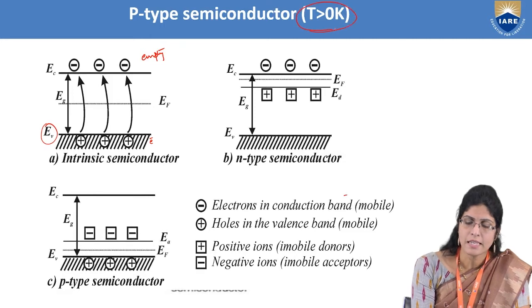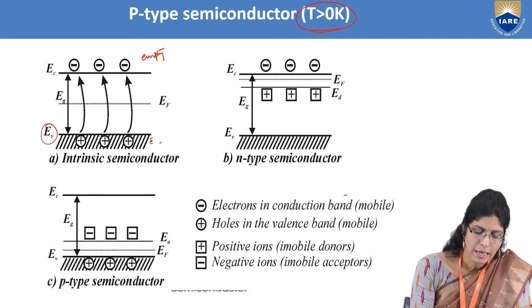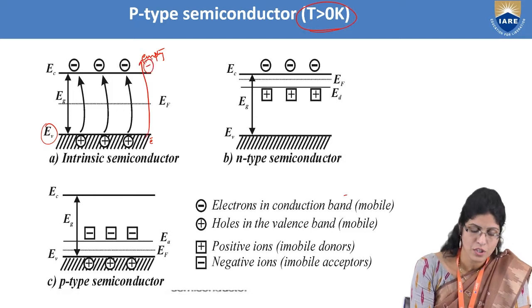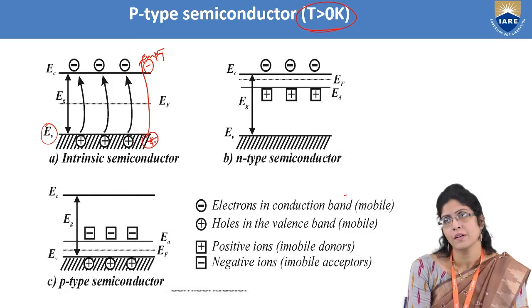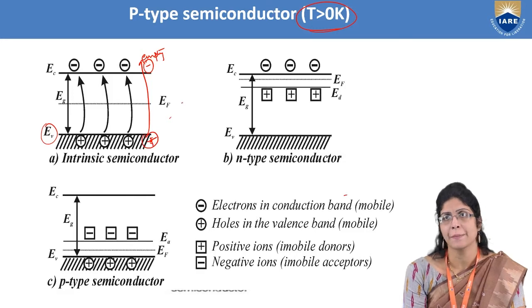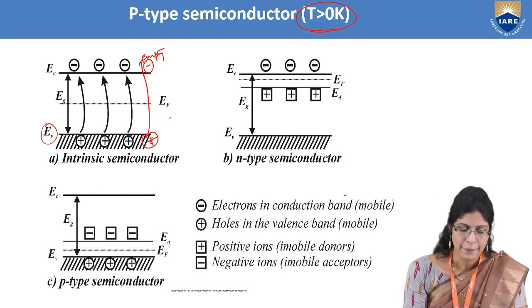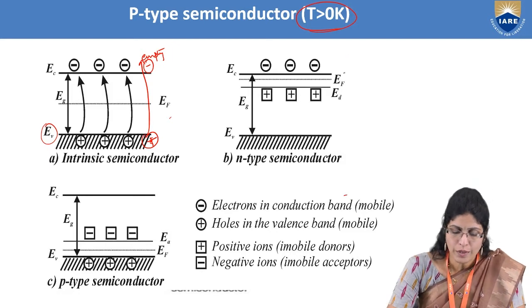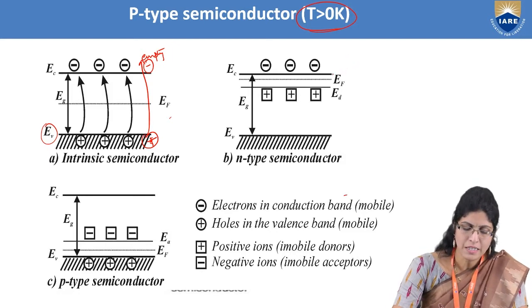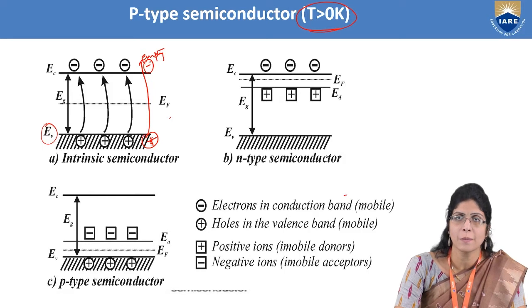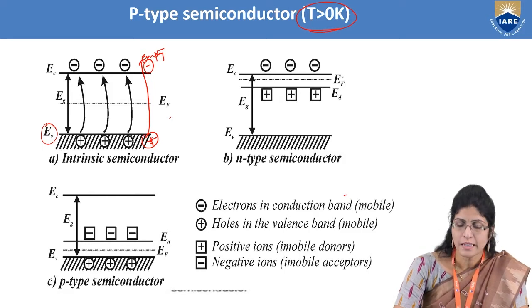But now as T is increasing, these electrons are excited to the conduction band and sit here as a negative charge, leaving behind a positive lattice, which is a hole. So this is known as an intrinsic semiconductor. This is what is happening in an intrinsic semiconductor. You will have to understand that as many as the number of electrons, so many are the number of holes. So there we end up.